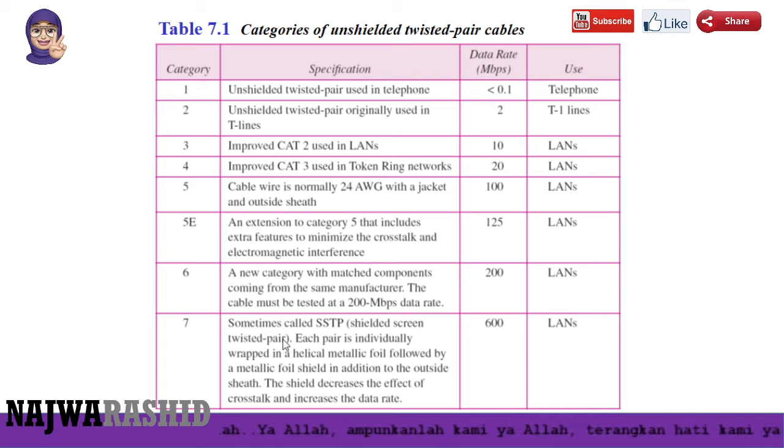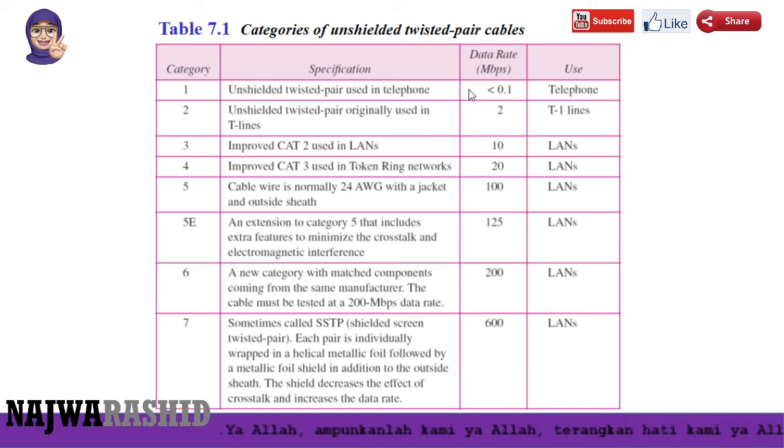Okay, for example, we have unshielded category 1 for telephone line. So the data rate is less than 0.1. And then we have category 2, 2 Mbps. So basically this one is faster compared to this one.